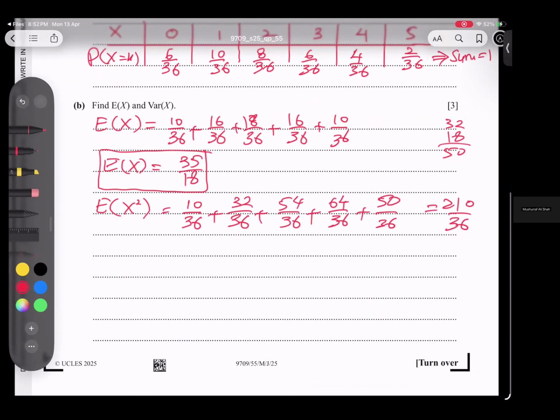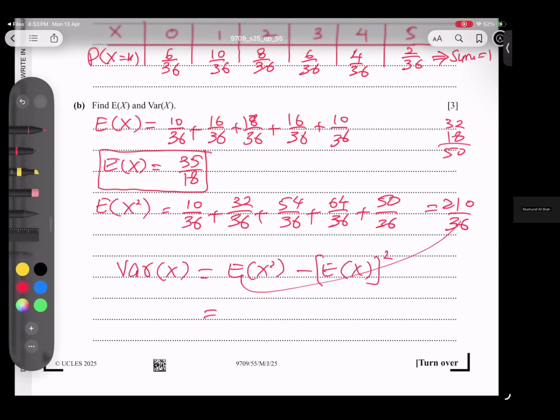And now what is the variance formula, students? The variance formula basically is E of X squared minus E of X whole squared. So this value I will take from here and this value from here. So I'm getting 210 over 36 minus 35 over 18 to the power 2.